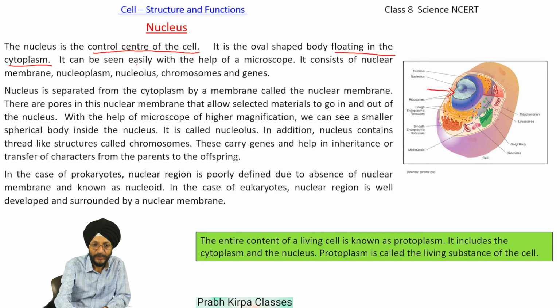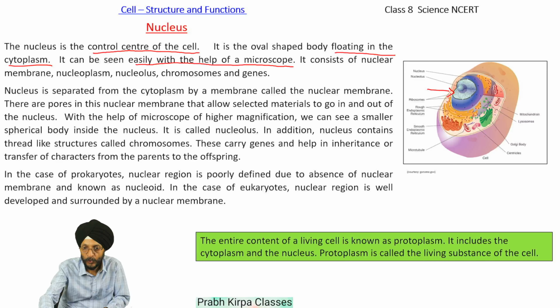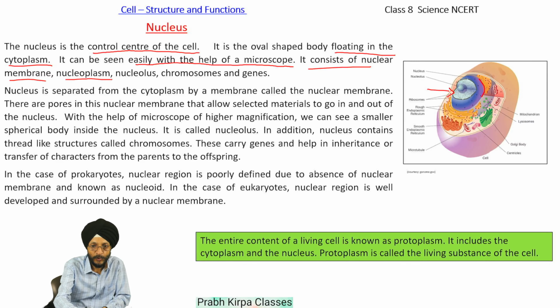We can see the nucleus easily with the help of a microscope. It consists of the nuclear membrane, which is outside. Then there is nucleoplasm. Then there is the nucleolus. Then there are chromosomes present in the nucleus, and it also contains genes.